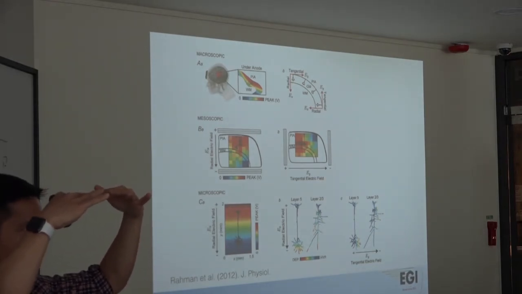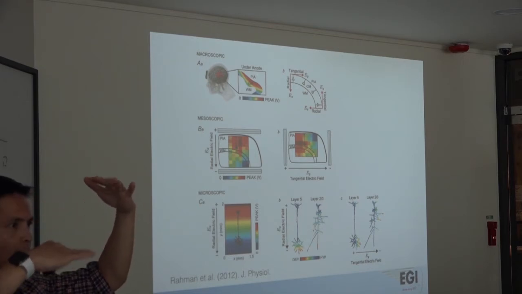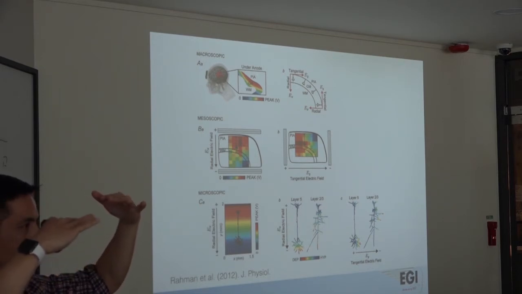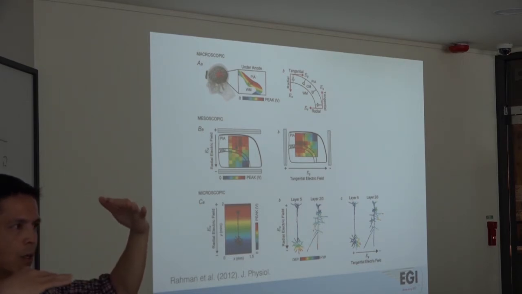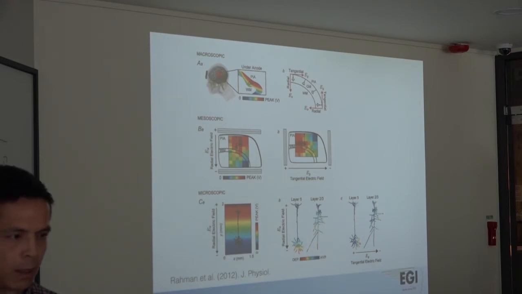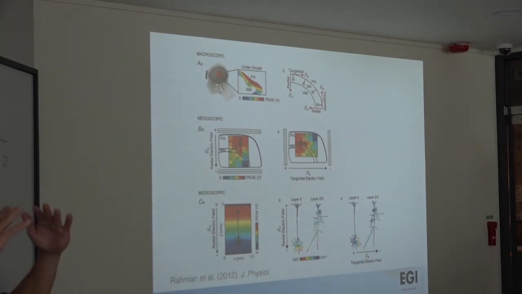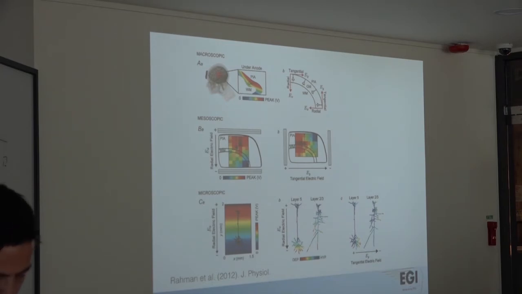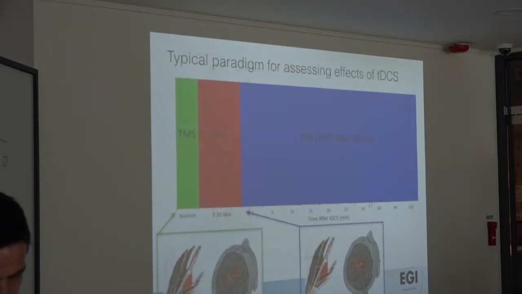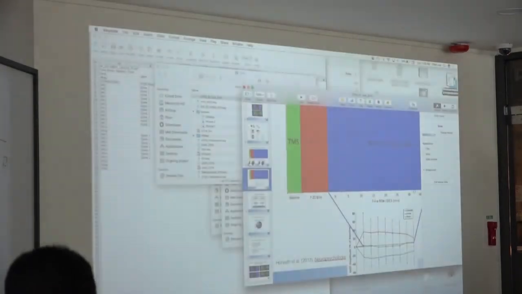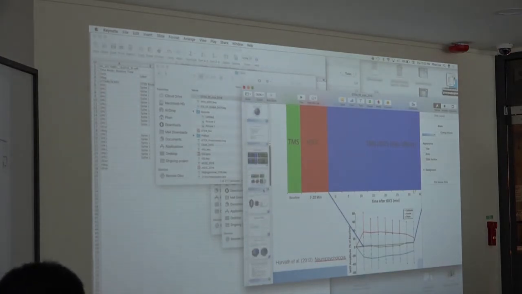Okay? That's our explanation for the differential of why, even with the pulse protocol, you have a more effective response, because now you're affecting the input layers. Okay, that's our described mechanism.